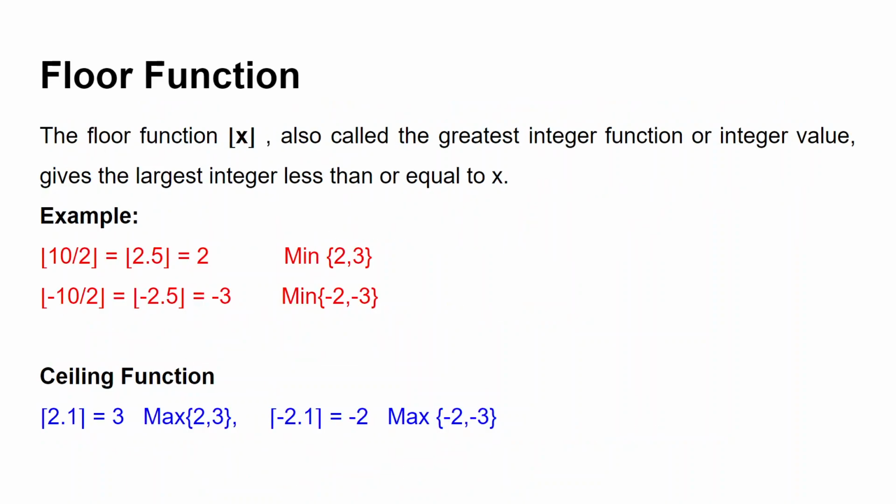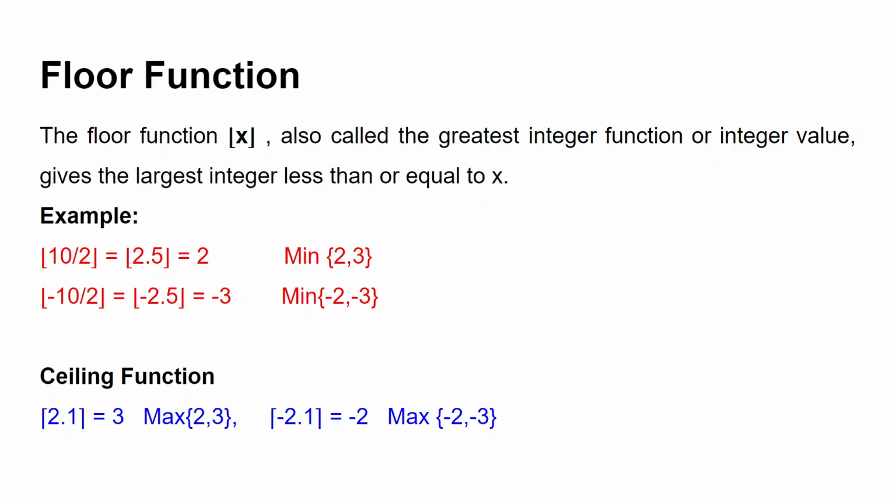Floor function. The floor function, also called the greatest integer function or integer value, gives the largest integer less than or equal to x. For example, floor of +2.5 is equal to 2, that is the minimum of 2 and 3. Similarly, floor of -2.5 is -3, that is the minimum of -2 and -3.